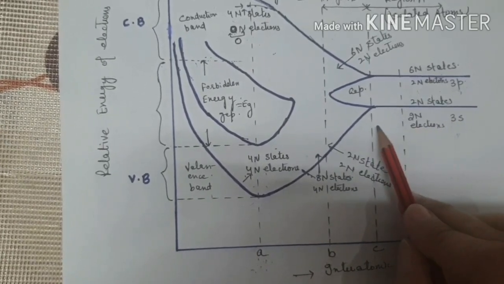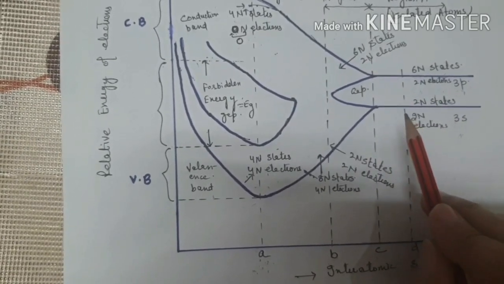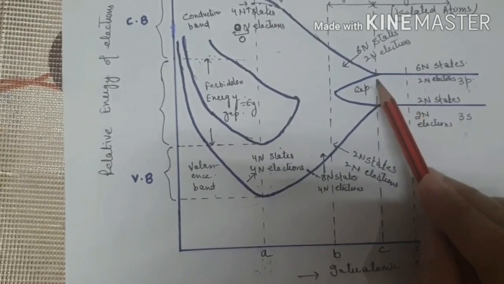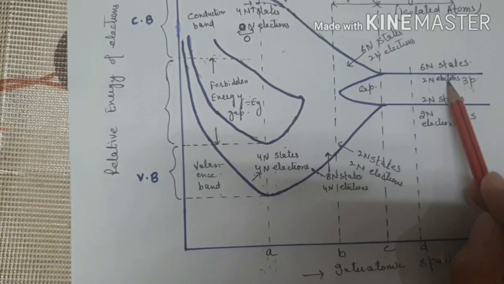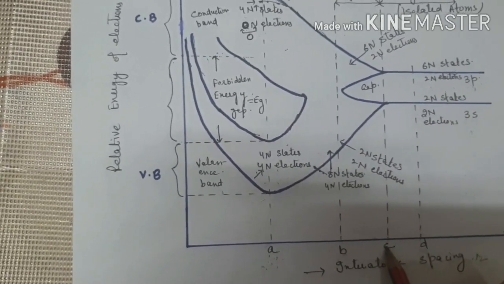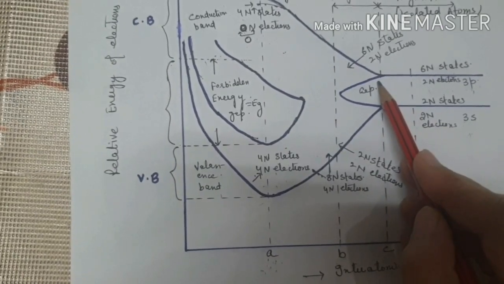At this distance there is no change in the energy levels of the electrons in the inner shells. So just for 3s and 3p, splitting of levels just starts at R equal to C.